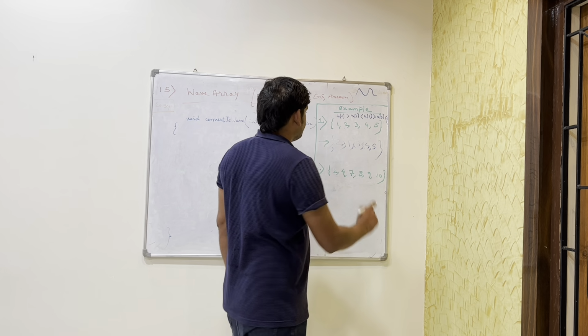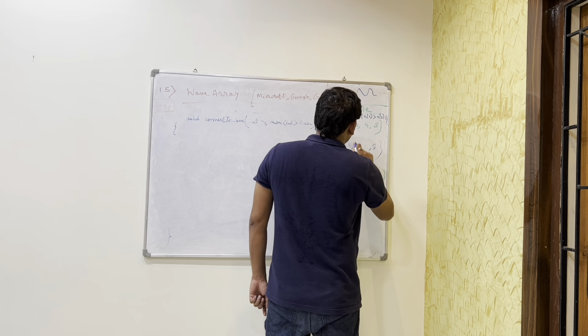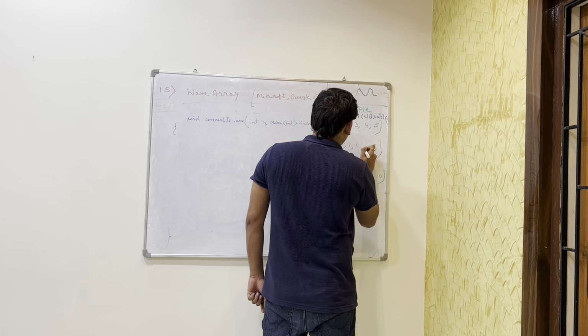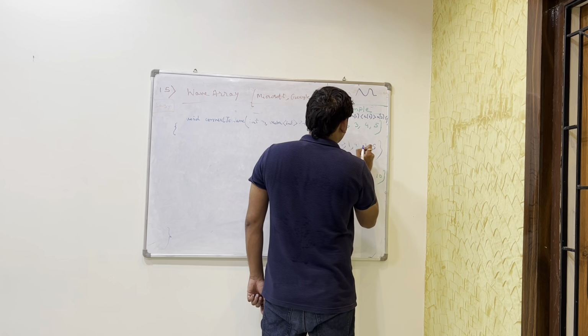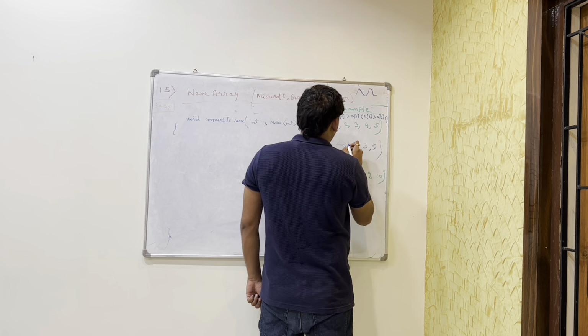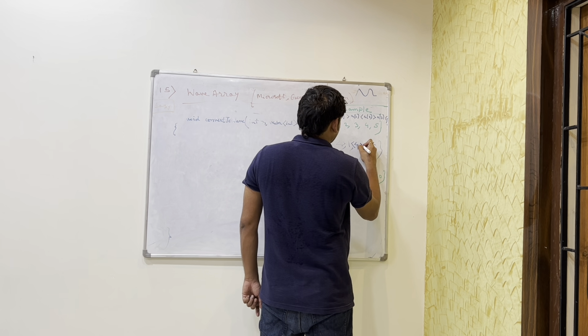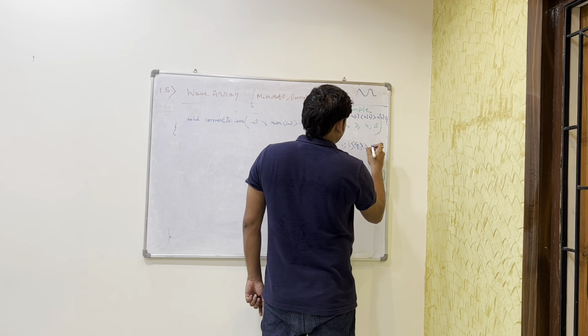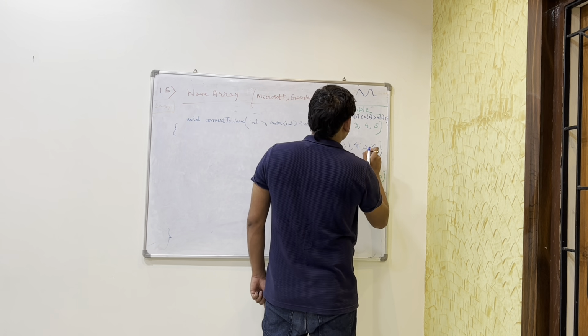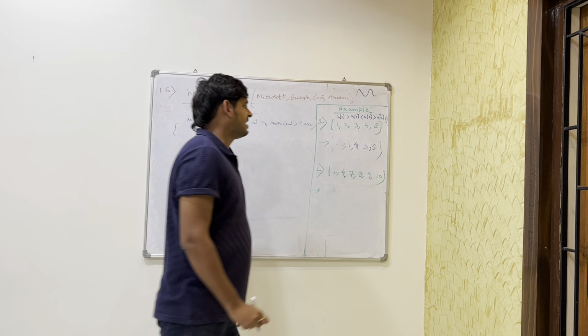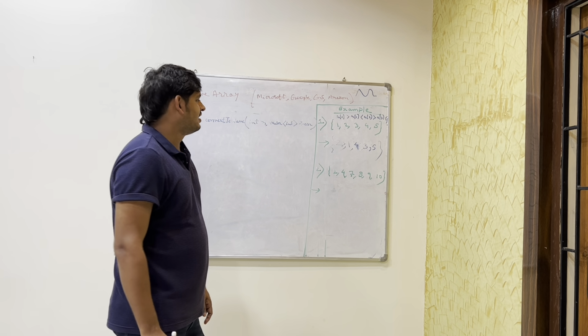So this is not right. So we will change this and make it 4 and 3. So 4 3 5. Now this condition is satisfied. 4 is greater than 3 and 3 is less than 5. In this way we will be returning this array. We will change this array to 2 1 4 3 5.